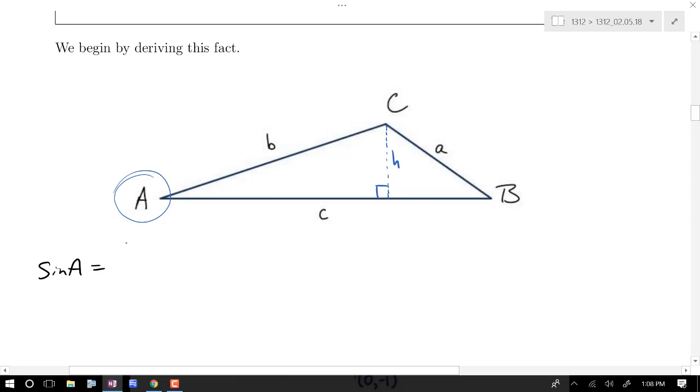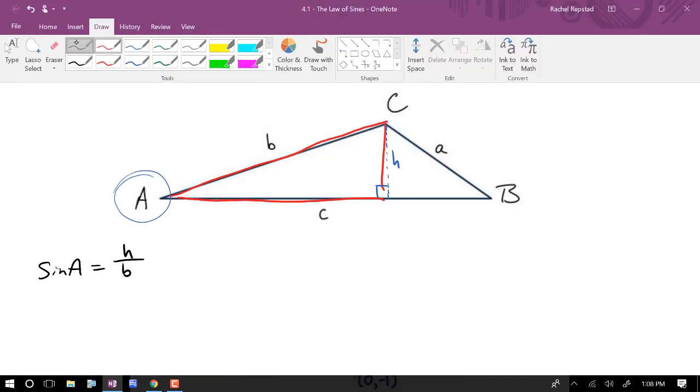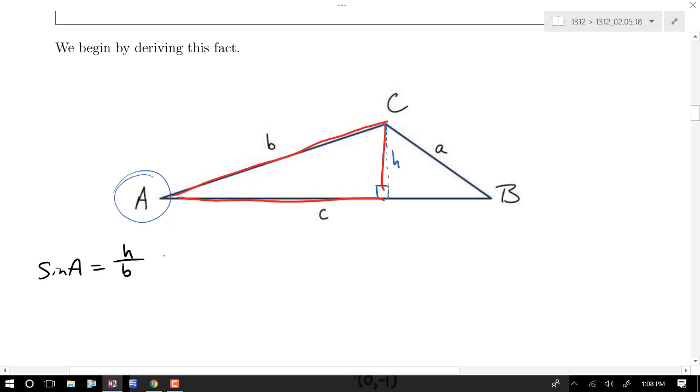That's h over b, because we're using this right triangle here. And we can solve this for h. We get h must be equal to b times sine of A.